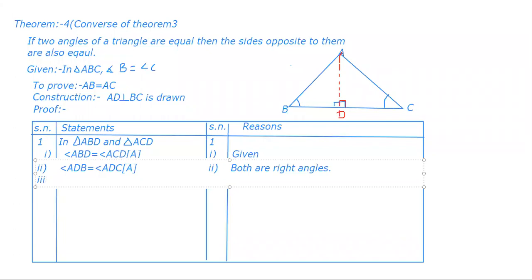Next, we can write AD is equal to AD. Yes, AD and AD are equal because it is a common side. This AD is in this triangle and also in this triangle ACD.